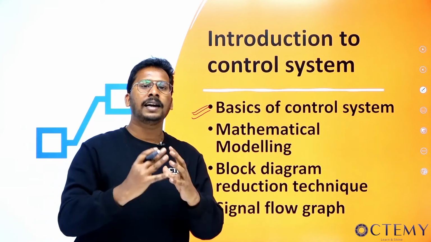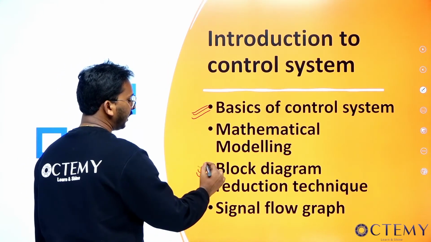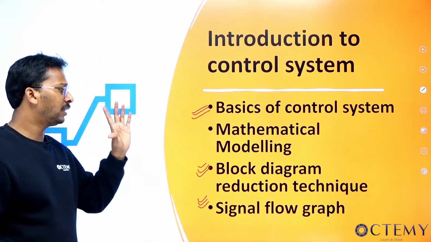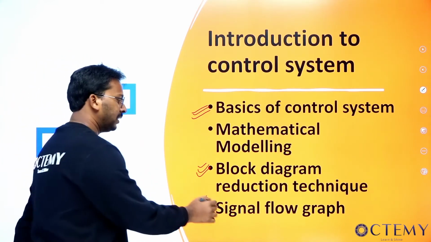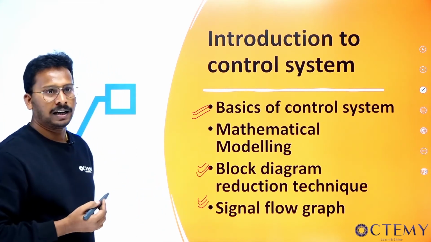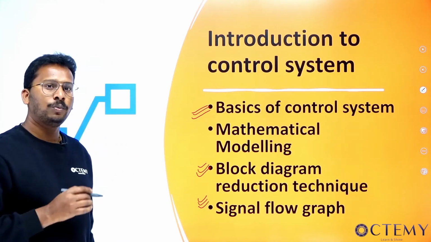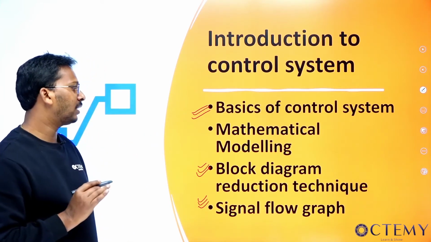To entirely write a model for them, we have certain techniques called block diagram reduction technique and signal flow graph, right? So from this particular topic, you can definitely expect a question either from SFG or from block diagram, or a basic question like what is the gain, what is the advantage of open loop, what is the advantage of closed loop, effect of feedback.